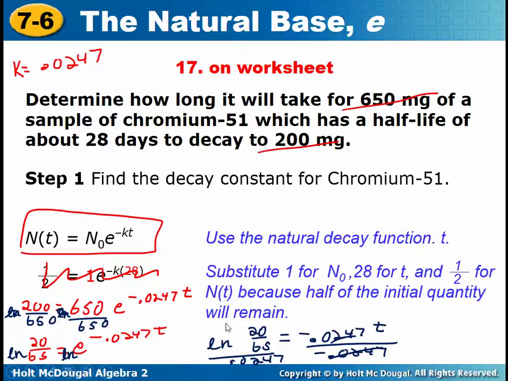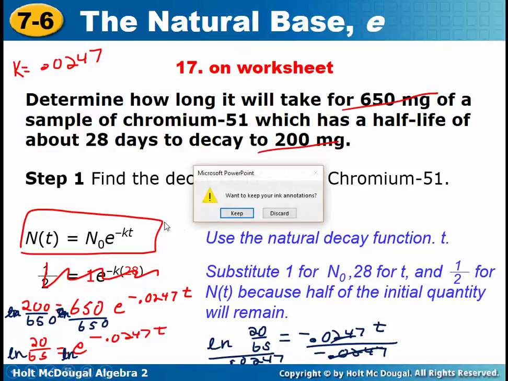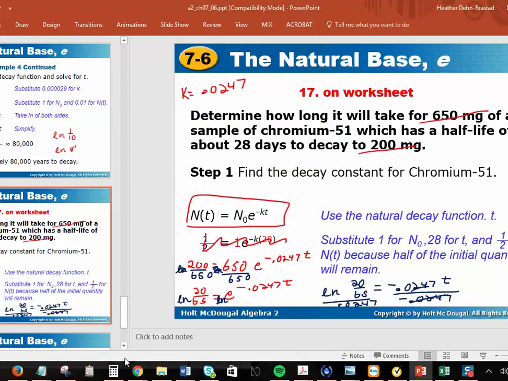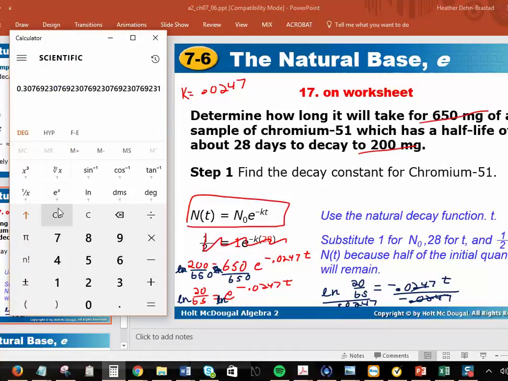Now I'm going to use my calculator because now I have everything I need. First I need to take 20 over 65, and then I'm going to take the natural log of that number, and then I'm going to divide that by negative 0.0247.